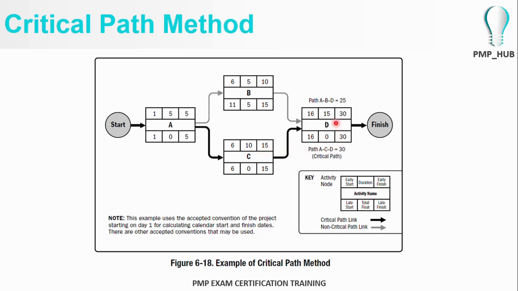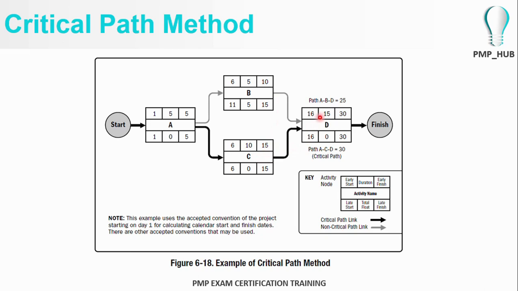If you take activity D, it waits for the output of activity B and activity C. The earliest finish date of activity B is day 10, and of activity C is day 15.